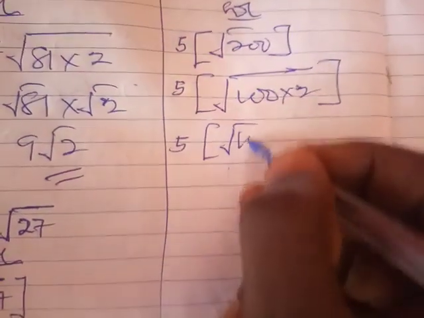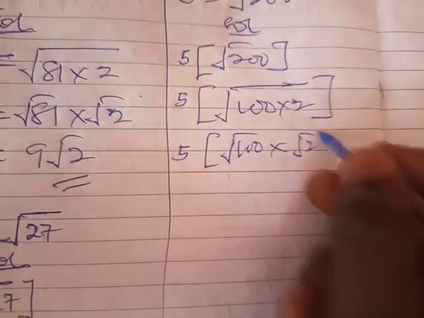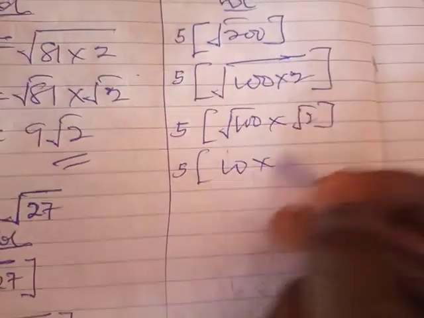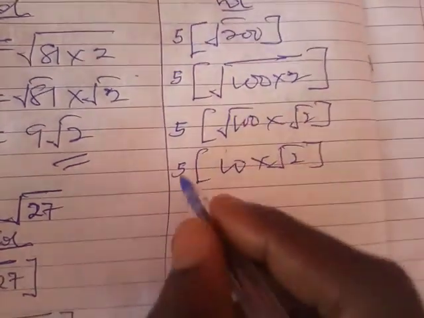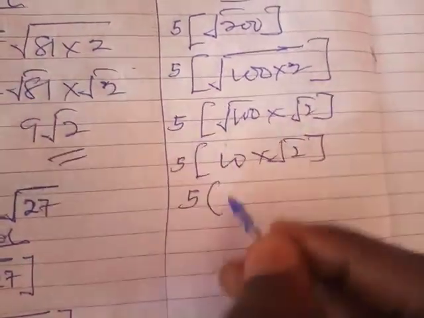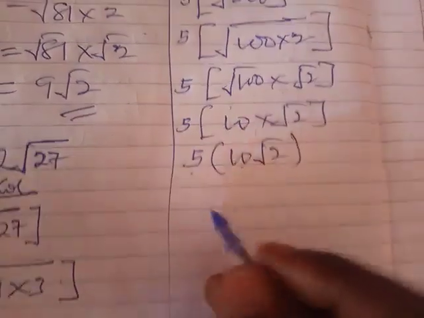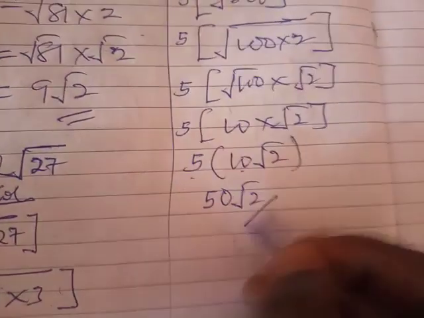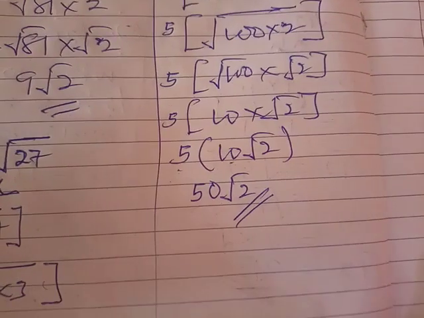And we have root of 100 times root of 2. Root of 100 is 10, root of 2. And we have 5, 10 root of 2. Now 5 can multiply 10. So 5 times 10 is 50 root of 2. Then you leave your answer like that.